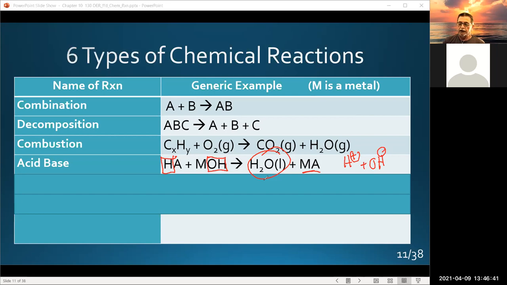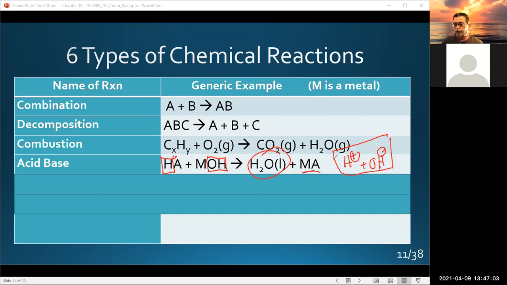To balance these, follow the acid, the proton, and the hydroxide. Sometimes the acid may have two protons, which means I need two hydroxides. Notice what I write here: the net reaction is one proton per one hydroxide.